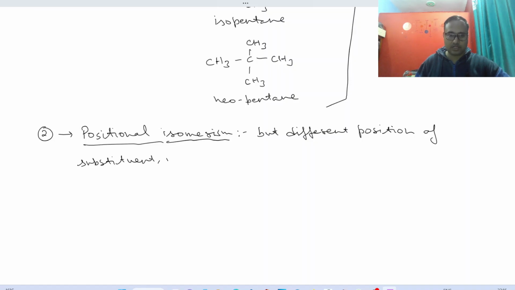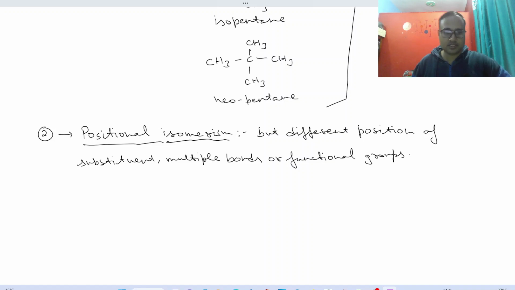It may be multiple bond or functional groups. Let me explain this by taking few examples.